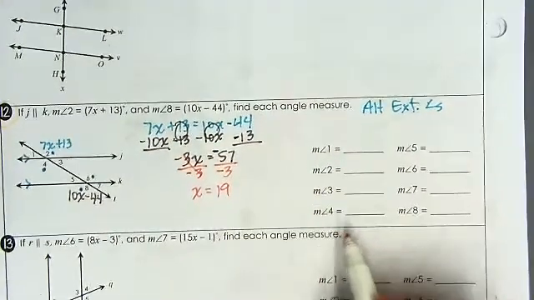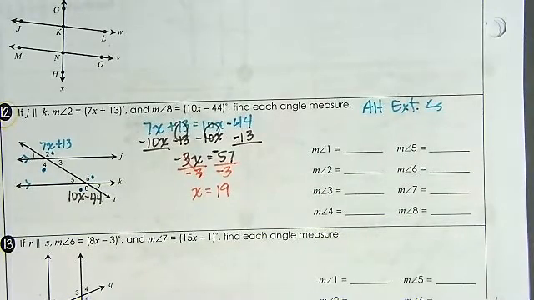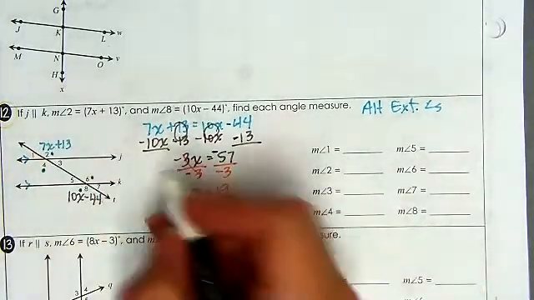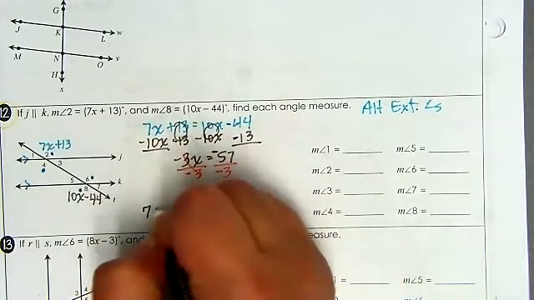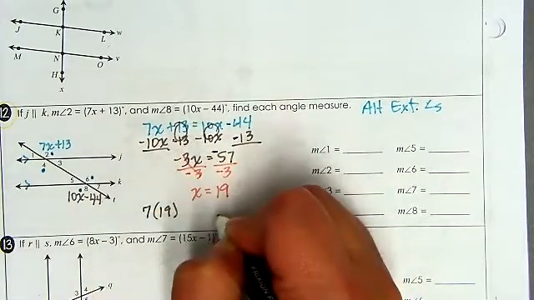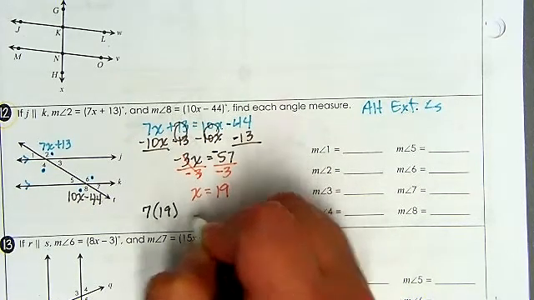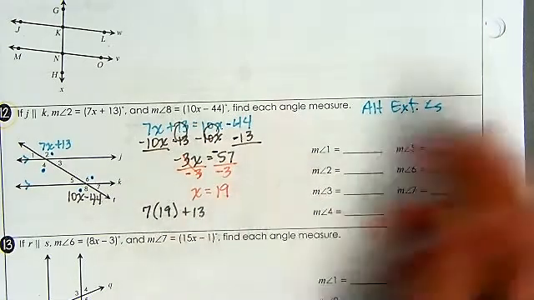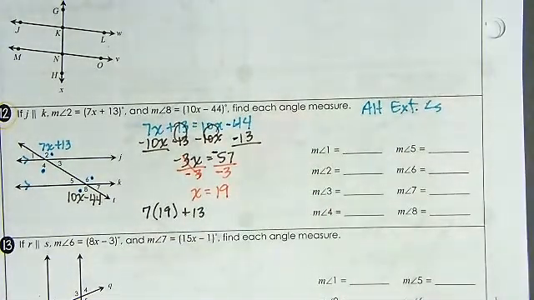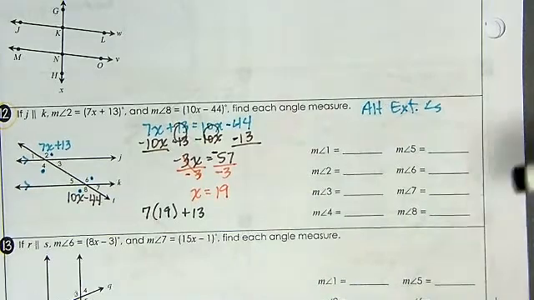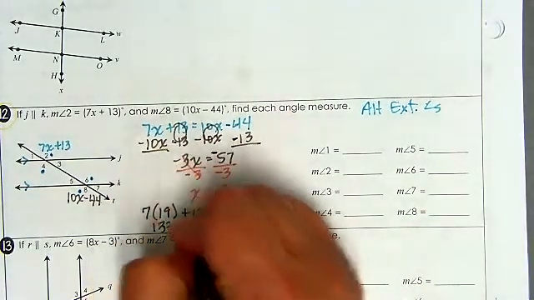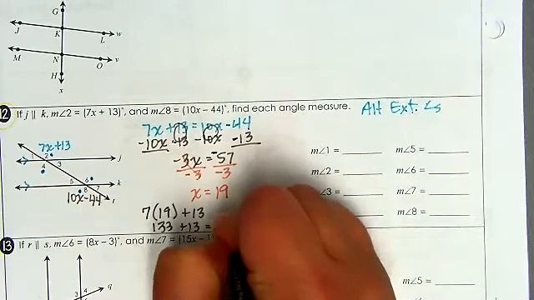Now I need to label each angle. So I've got to figure out what this angle equals. I'm going to do 7 times 19, which is 133, plus 13, which gives me 146.